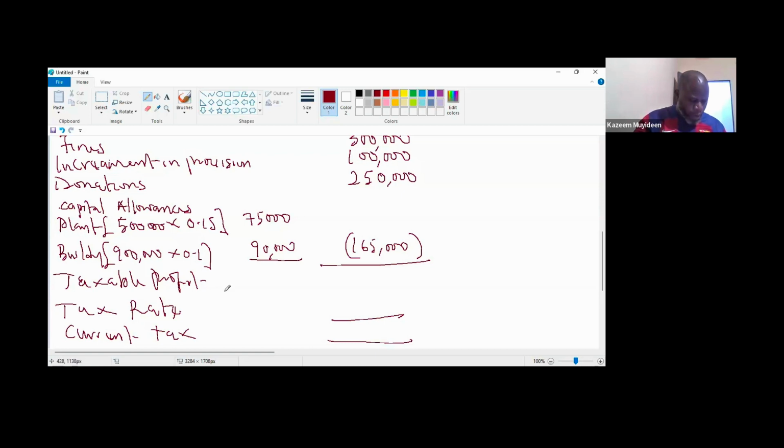So we get the figure. Then the tax rate of 30%. So my current tax will now give me 738,000.